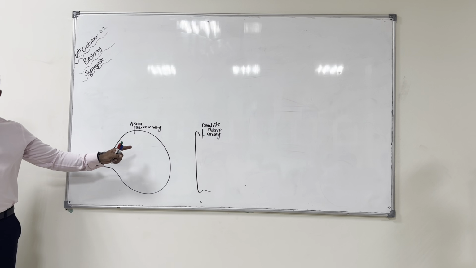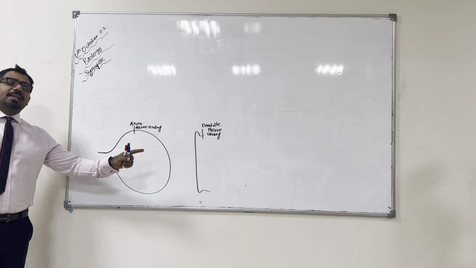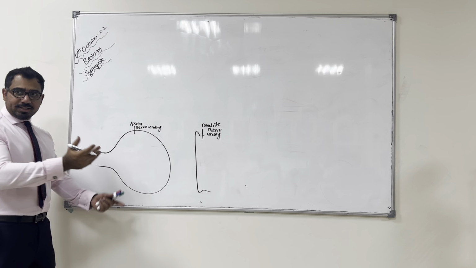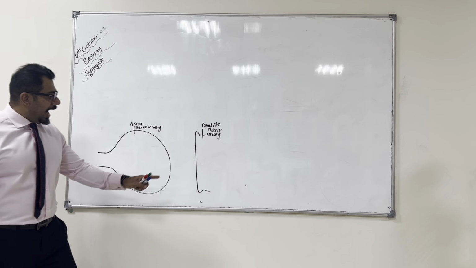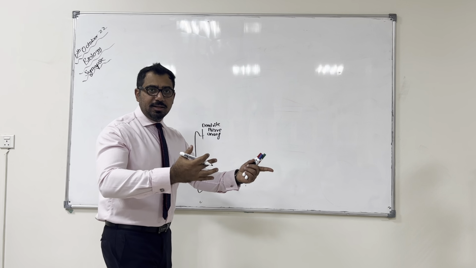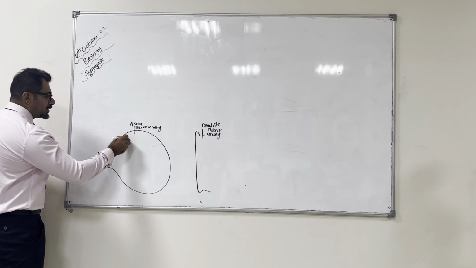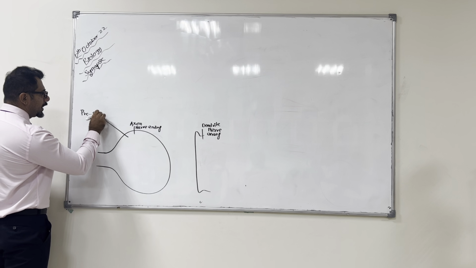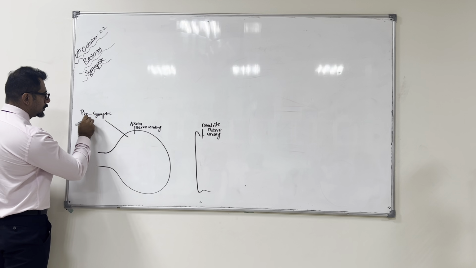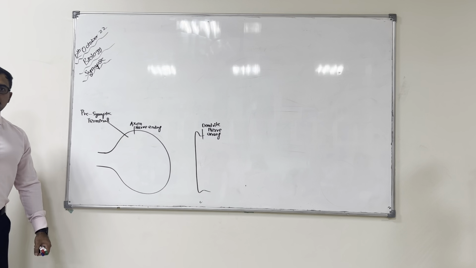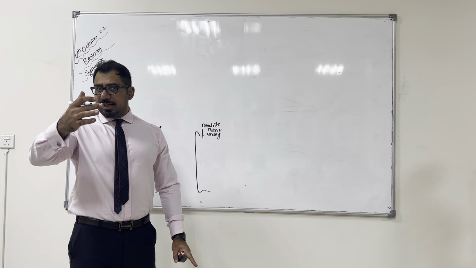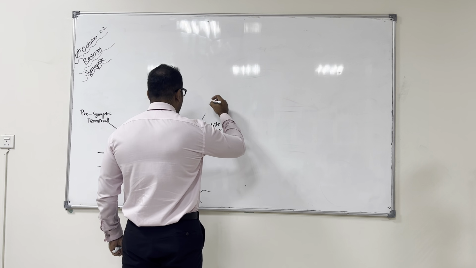Now, this axon nerve ending also has another name. In a synapse, this is coming first, right? And the dendrite nerve comes later, right? So as it comes first, this is also called presynaptic terminal. And the dendrite nerve ending comes later, so this is called what?